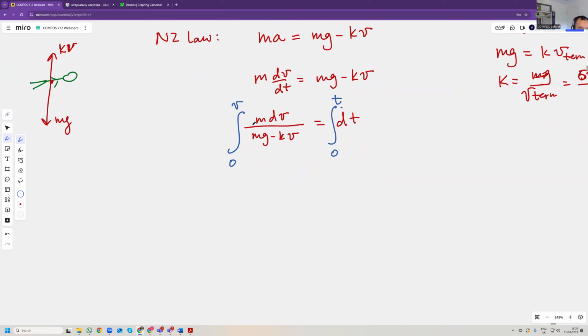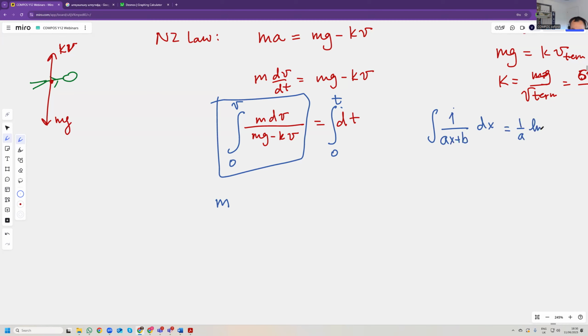In this integral, m goes out, and this is minus kv. This integral, I really hope you can see that, is the integral of 1 over (ax plus b), so it's 1 over a times the logarithm of ax plus b.